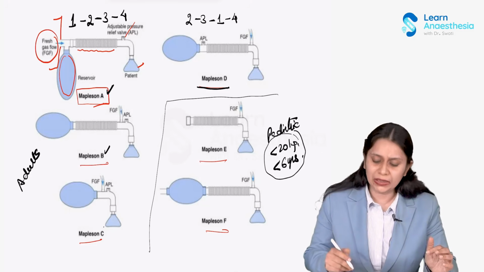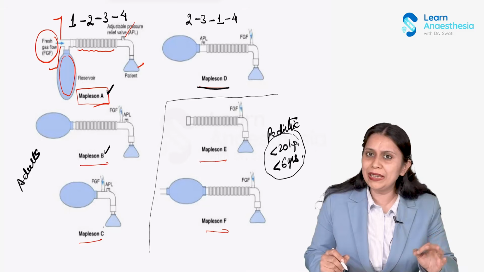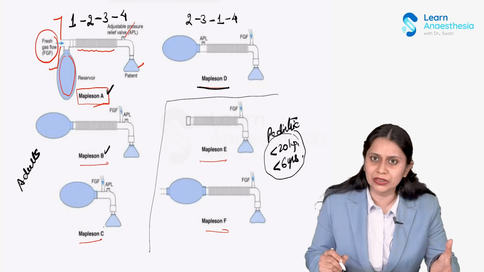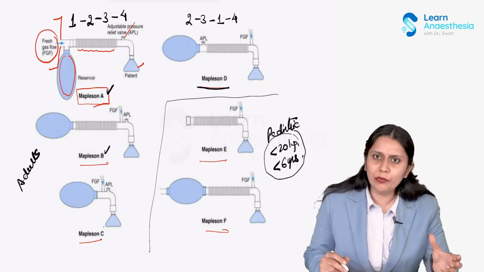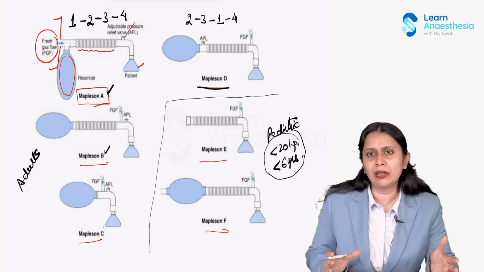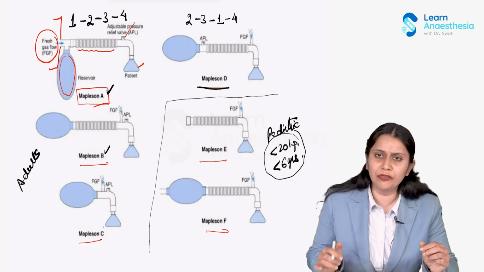And this was what was done in E and F. In A, B, C, D, you can see there is an APL valve which offers resistance during expiration, and there is a bag which causes a lot of pressure generated in the circuit. So both were removed in E and F, and a less resistance, less pressure generating circuit was designed in the form of E and F for pediatrics, which we will talk about.